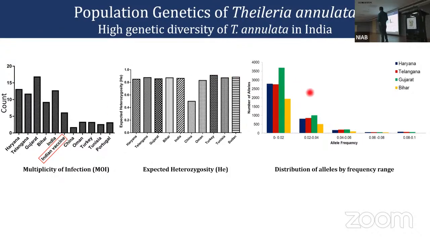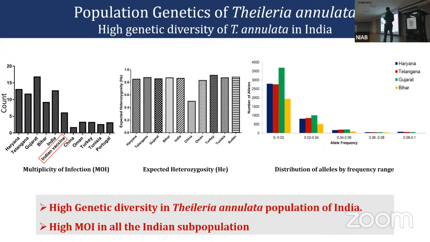In case of rare alleles, Gujarat has the highest number, and based on that we can say Gujarat has the highest population diversity. Overall, India has high genetic diversity of this parasite population, and the MOI is also high.